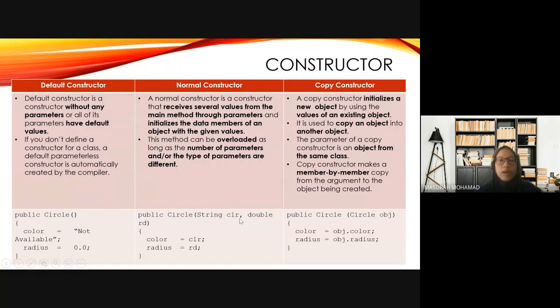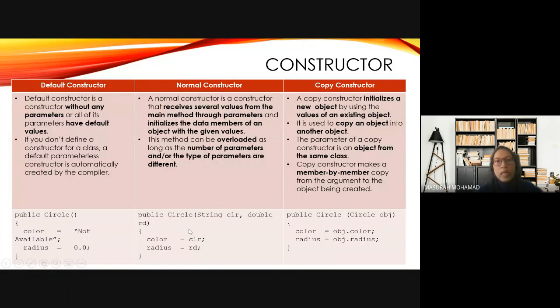Let's say in this case, we have 2 attributes. So you all kena declare 2 parameter lah to receive untuk color dengan juga radius tadi. So, color dengan radius yang kita dah declare tu tadi, we declare the value by using the value that inserted by the user.